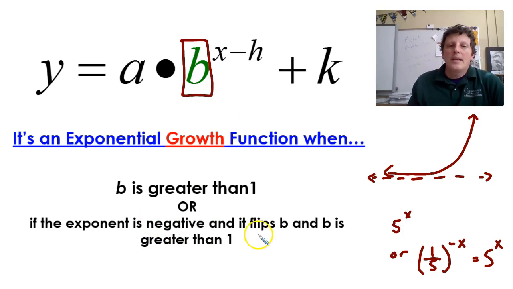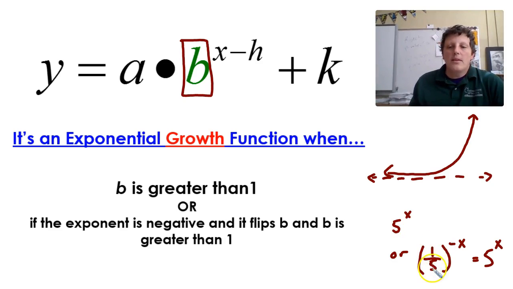Or if you have a negative exponent, for example, if whatever exponent is up here had a negative in front, that would cause the b to flip to its reciprocal. And if that reciprocal is greater than 1, then it's going to be considered exponential growth. So for example, if I had y equals 5 to the x, since 5 is the base and it's greater than 1, it's growth.